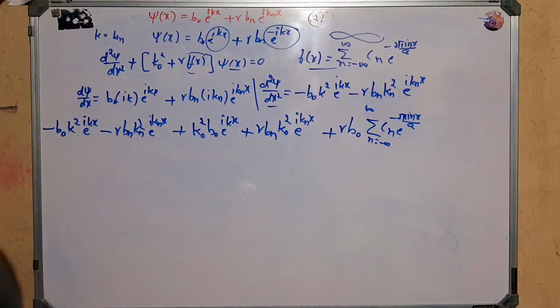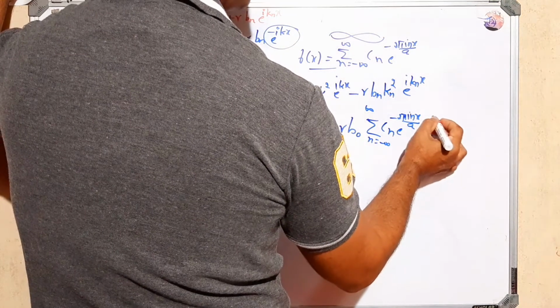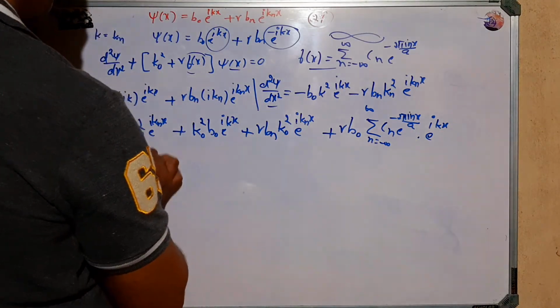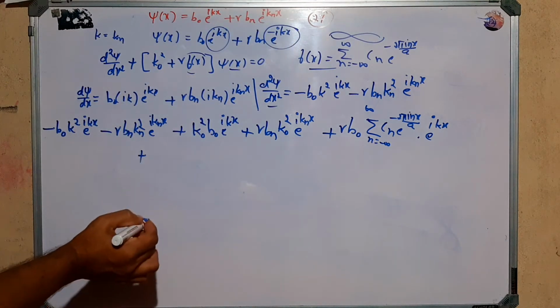Into e^(ikx), plus the next term, the second term you have to consider.